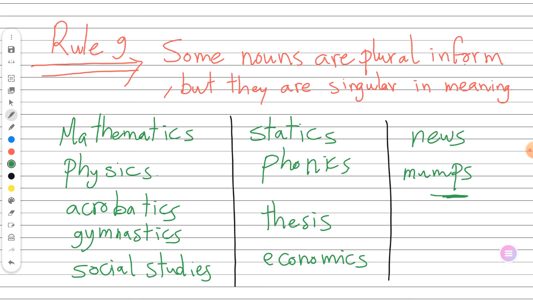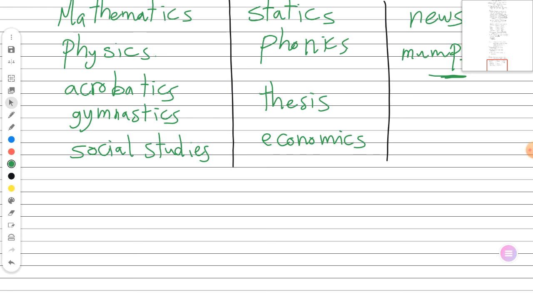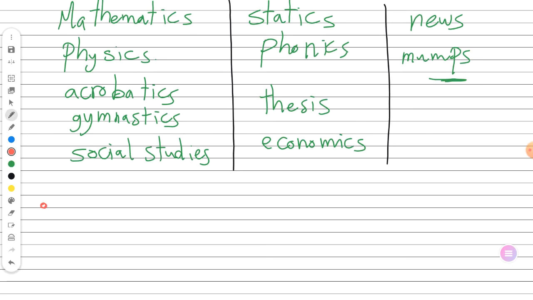All those words seem to be plural in their form, but actually we use them as singular nouns. Look at this example. Mathematics is an easy subject.